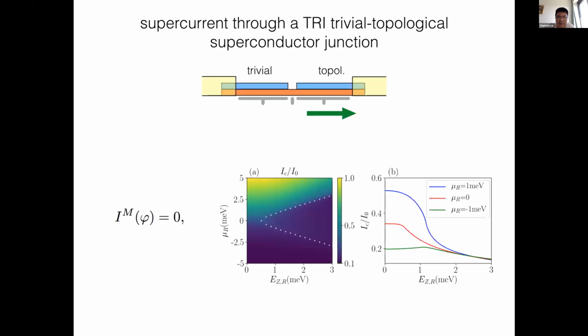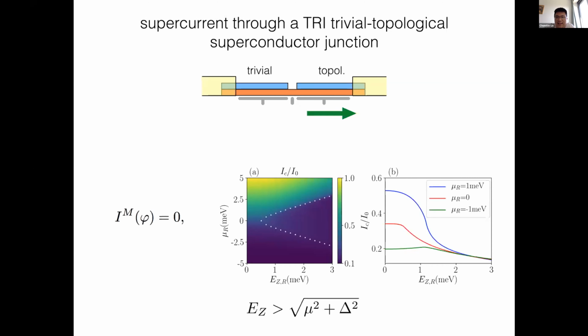This is the resulting critical current as a function of the chemical potential and the Zeeman field, both only in the right lead. The white dots denote the phase boundary between the topological and the non-topological superconductors.